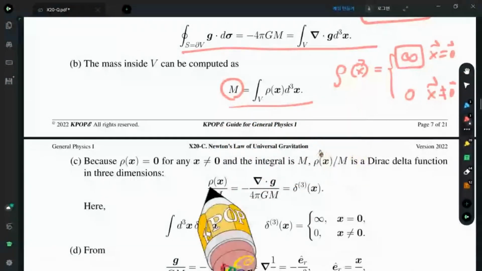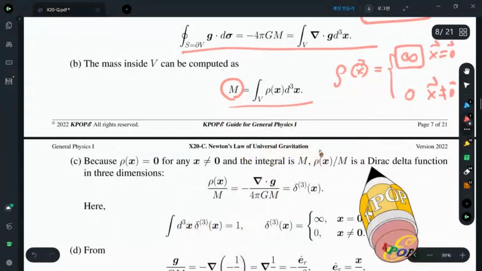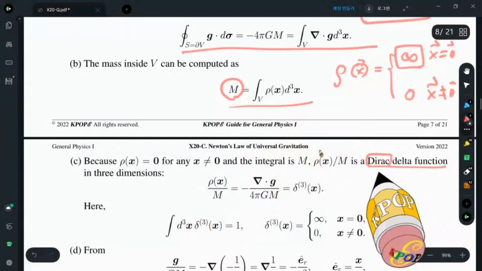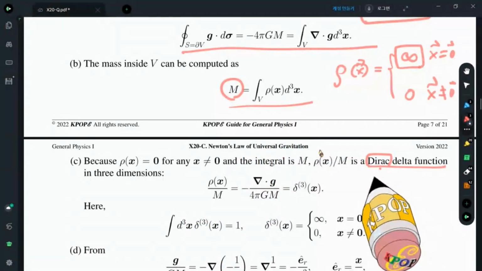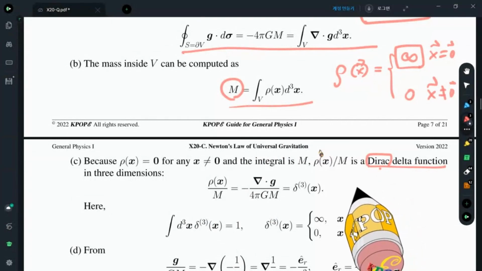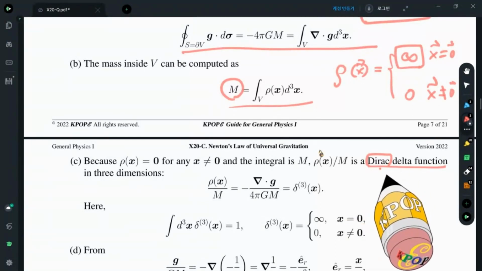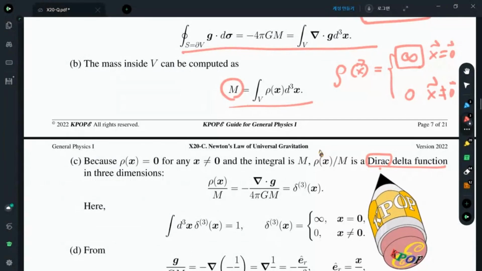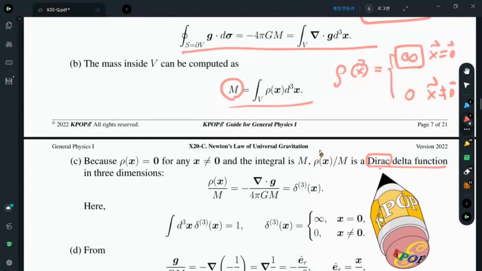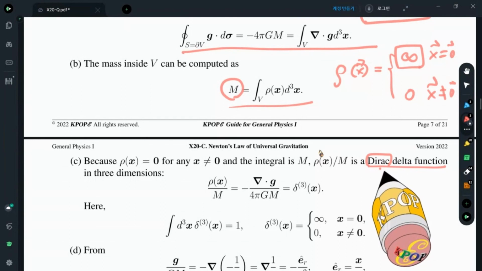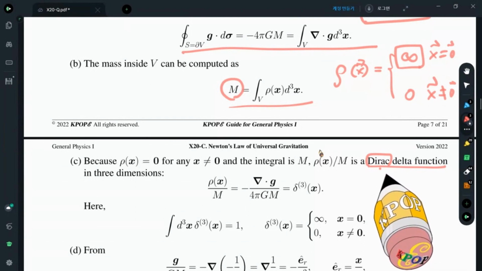This is a special case of the Dirac delta function. Dirac, together with Schrödinger, established quantum mechanics. Schrödinger is one of the people who established quantum mechanics for non-relativistic particles, and Dirac is the person who installed relativity in quantum mechanics to describe the quantum mechanical equation of motion for the electron.